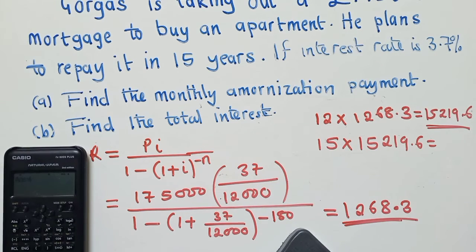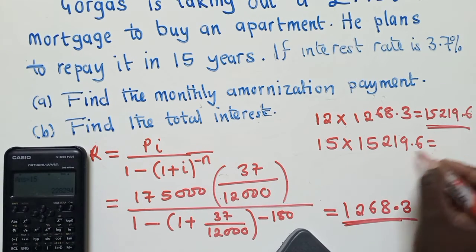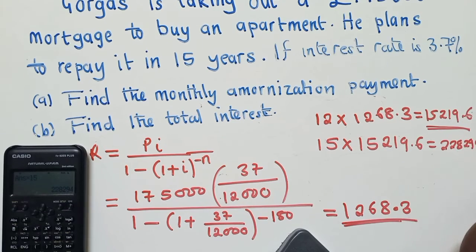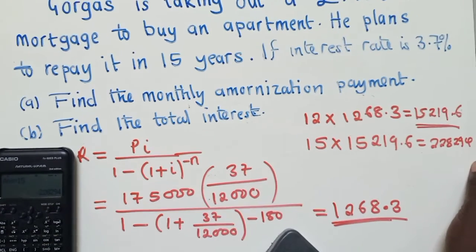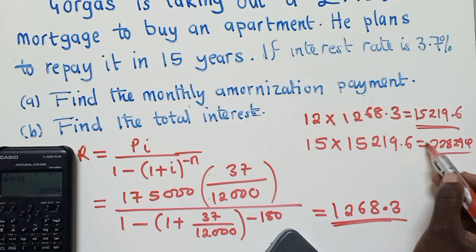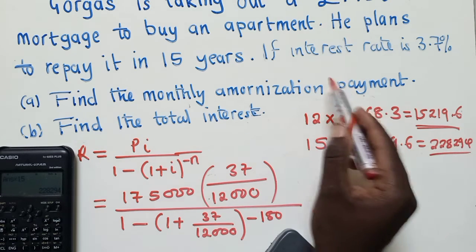When you multiply by 15, you're getting 228,294. This is what he's going to pay for the entire loan.